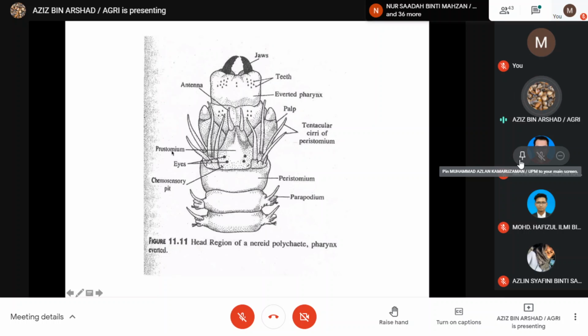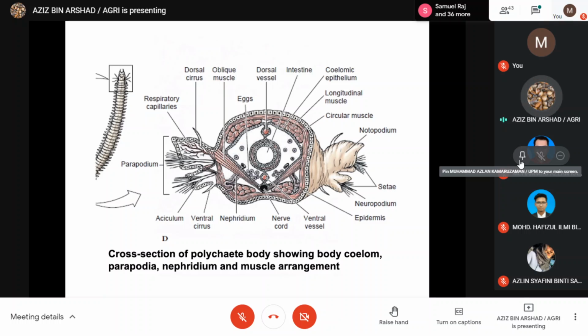And the whole front part is called prostomium. Prostomium, peristomium, and then segment 1 and segment 2. Segment is usually with the presence of the parapodia. Parapodium is singular, parapodia is the plural.